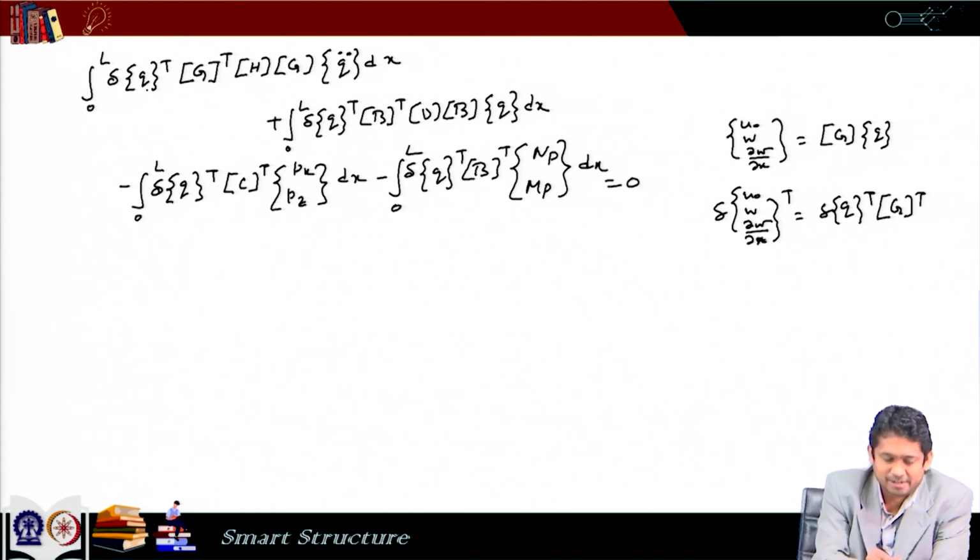So, again we have delta q transpose everywhere. So, after getting rid of this, we get an equation of this form.